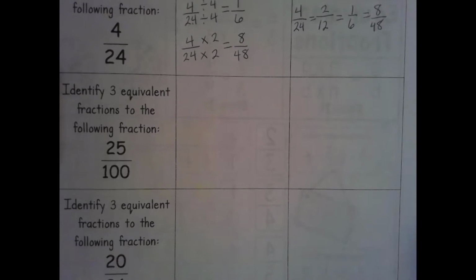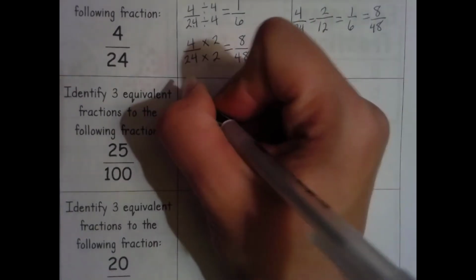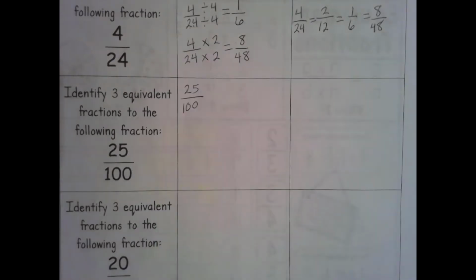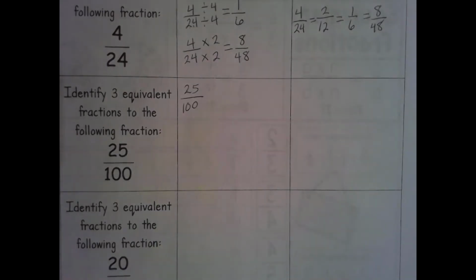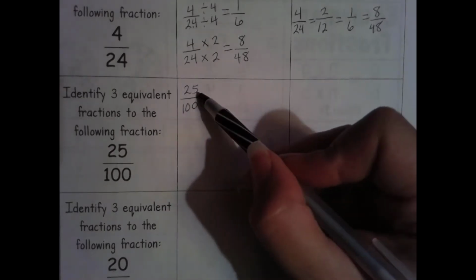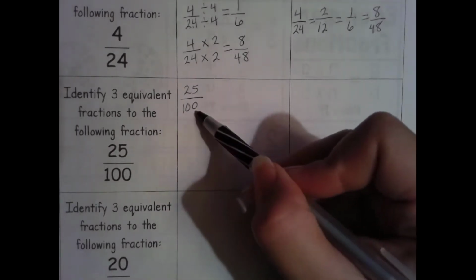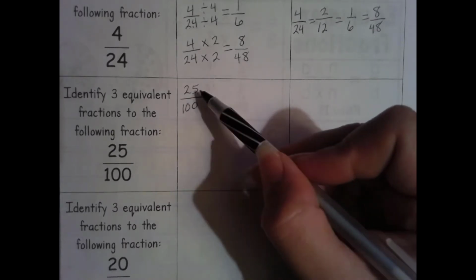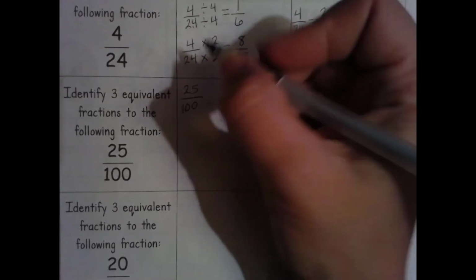So next we're going to find equivalent fractions for 25 hundredths. Well, they're not both even, so I can't divide both by 2. But this ends in a 5, and this ends in a 0. And a number that is a factor when it ends in a 5 or a 0 is 5.